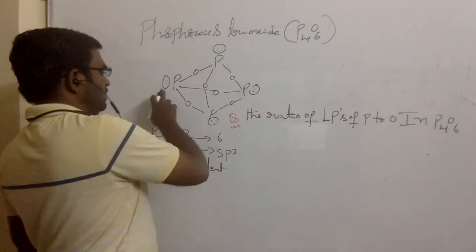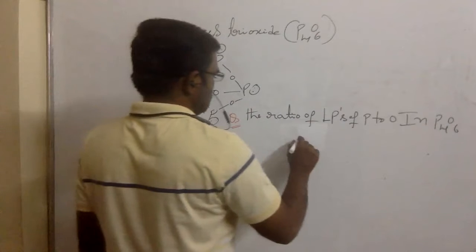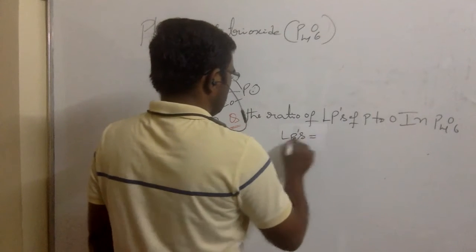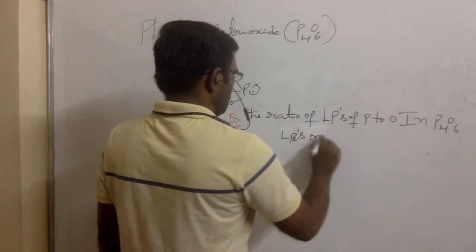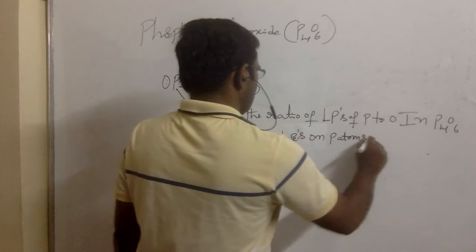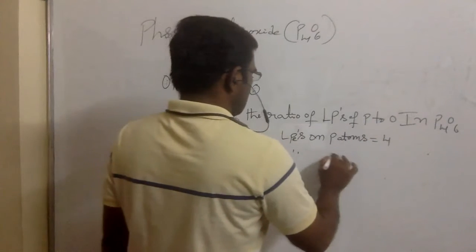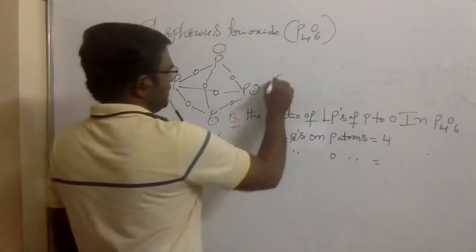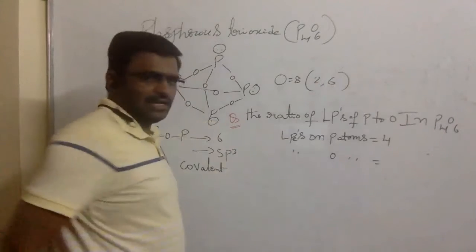See, students, from the diagram, observe here: totally 4 phosphorus atoms have 4 lone pairs of electrons. Lone pairs on P atoms are 4. Next, lone pairs on oxygen atoms. Oxygen atomic number is 8, its electronic configuration is 2, 6.